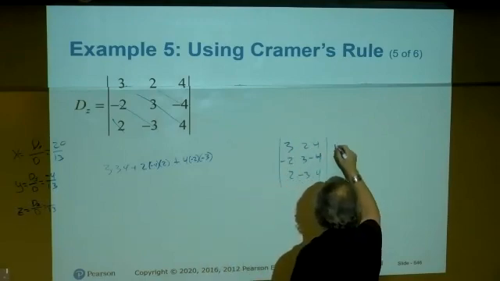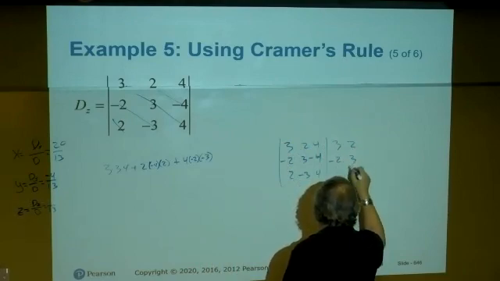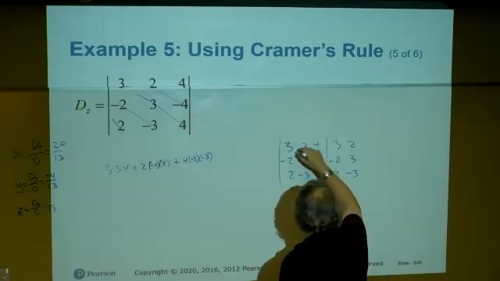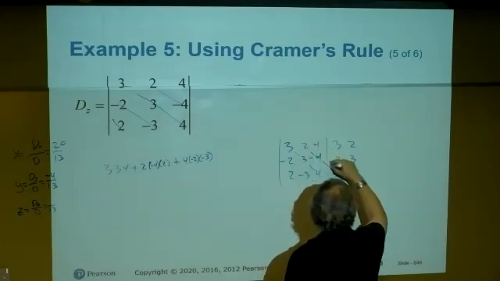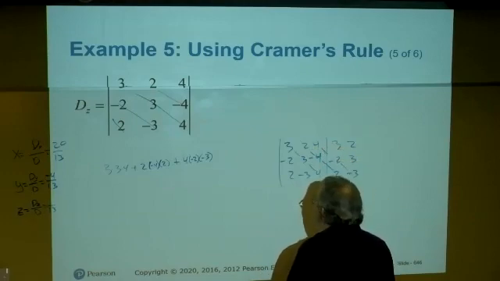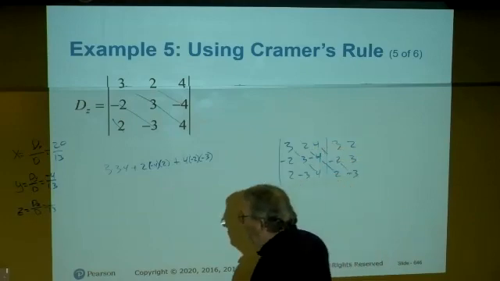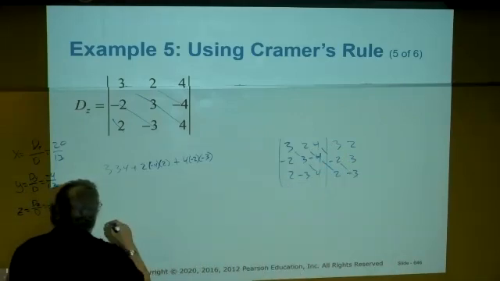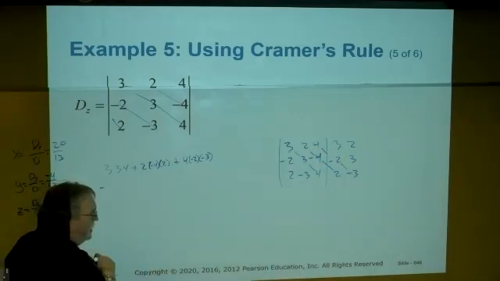And then I write the 3, 2, the -2, 3, and the 2, -3. So I can show these diagonals going this way. And now I have the diagonals going the opposite direction, which I'm going to subtract those products.